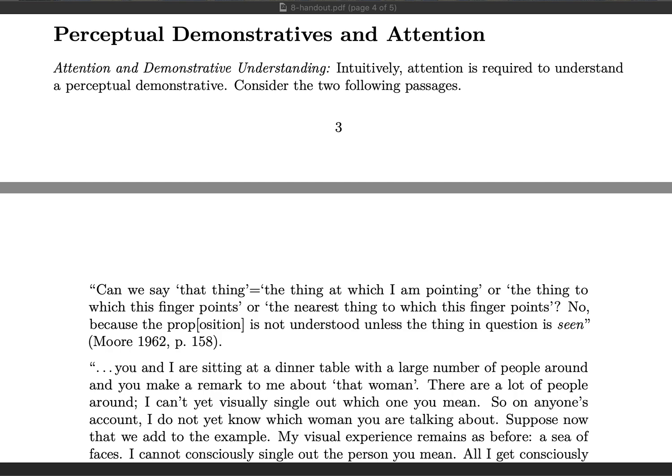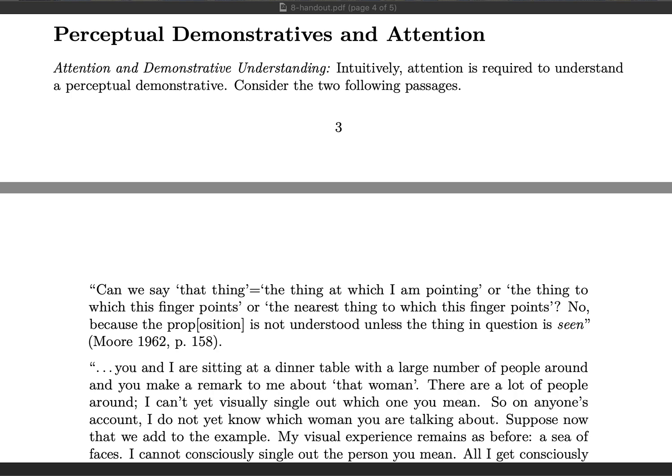So the first passage is from a very old philosopher, G.E. Moore. This is actually from, not 1962, that is a reprint, I think, but from the turn of the last century, around the same time as Russell and Frege.